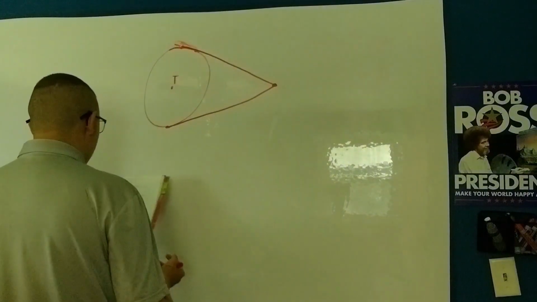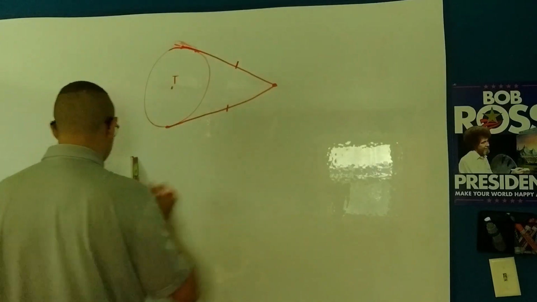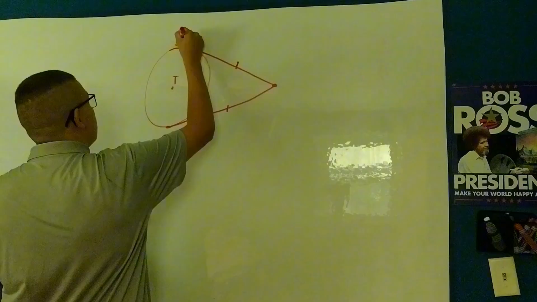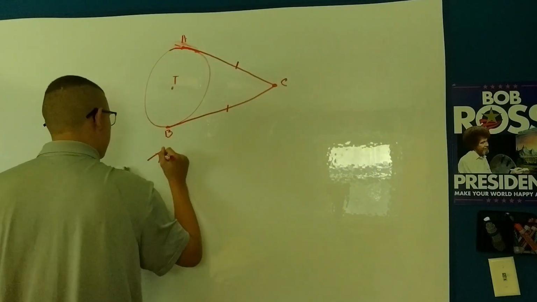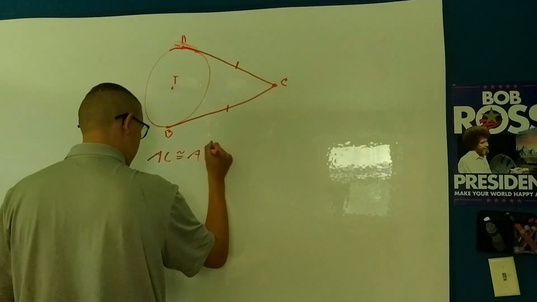What we know from this is that these 2 lines are going to be congruent. If we label this A, C, B, we know that AC is congruent to AB.